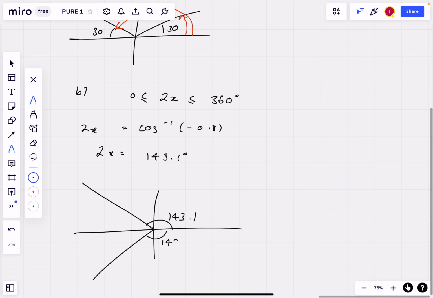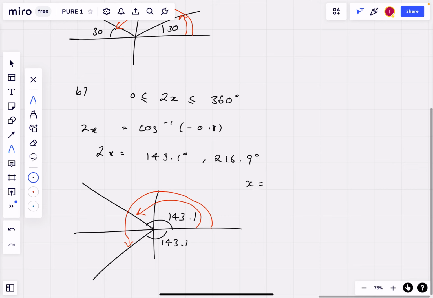That's also 143.1. We've got 0 to 360 to work with. Solution number 1, solution number 2. 360 minus 143.1, so 216.9 degrees.